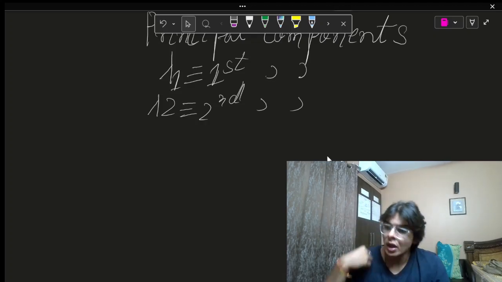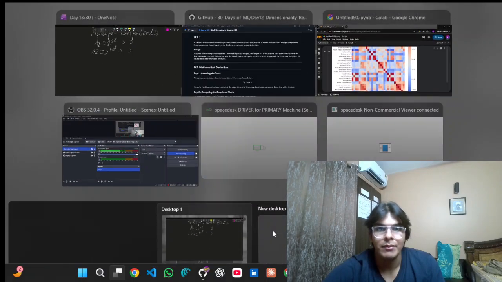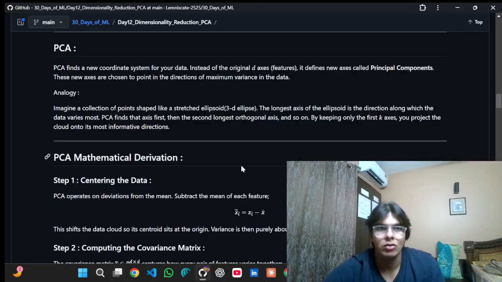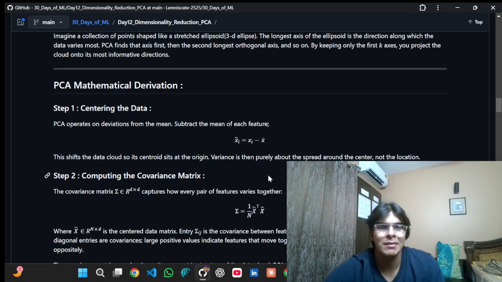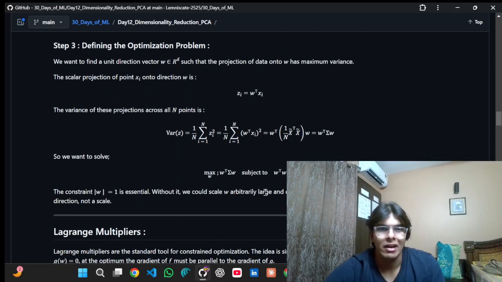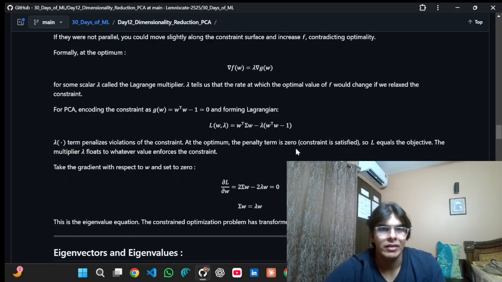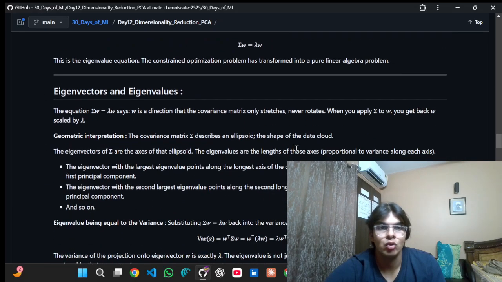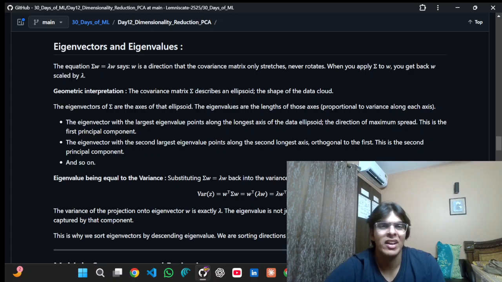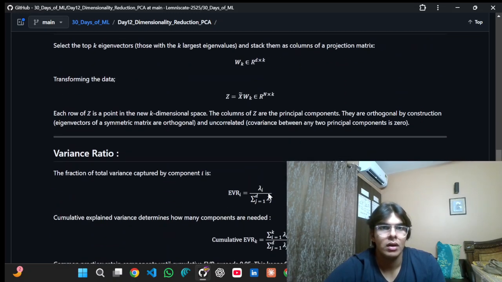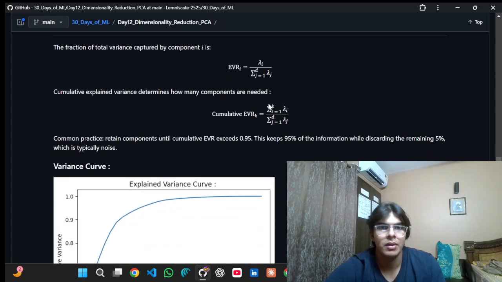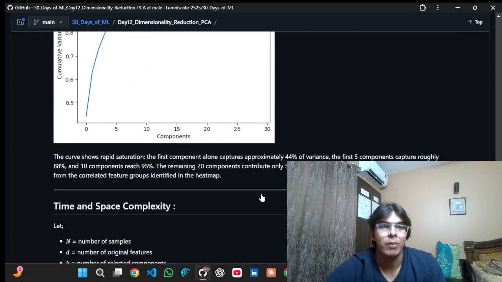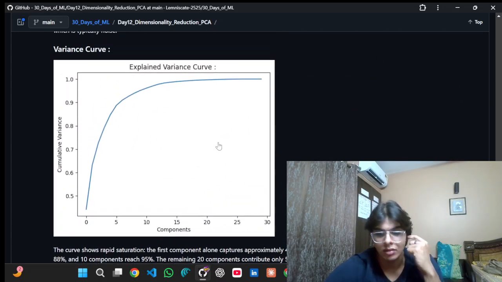Now let's get back to the repo, see what else we have left. This is the same mathematical derivation, you can read it from here as well. Every concept has been covered, the repo is super detailed. This is about the significance of eigenvectors and eigenvalues. This is for the projection, simple. Now, very important, look at this amazing diagram.